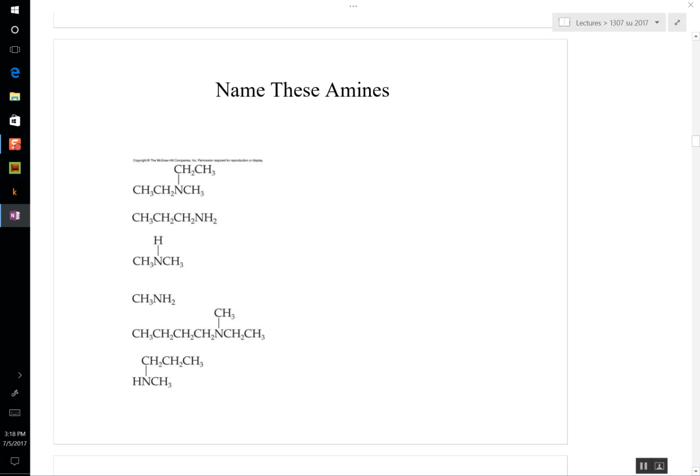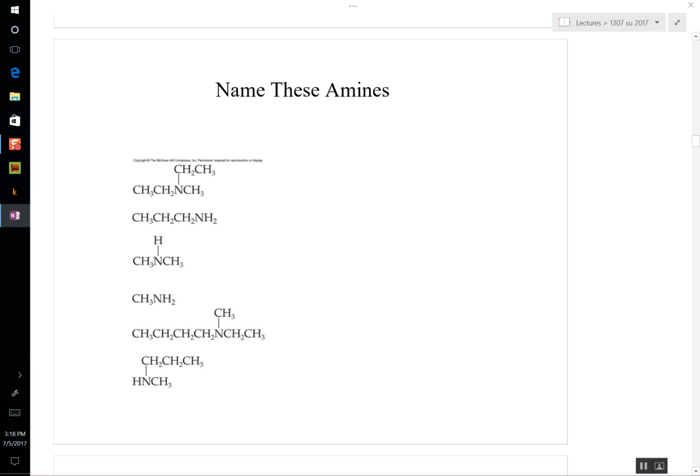Well, on your homework and on your test, when it comes to chapter 15 and naming amines, if I give you an amine and say name this amine, if you give me an acceptable name by any one of the three ways of naming them, it will be counted correct. All right?